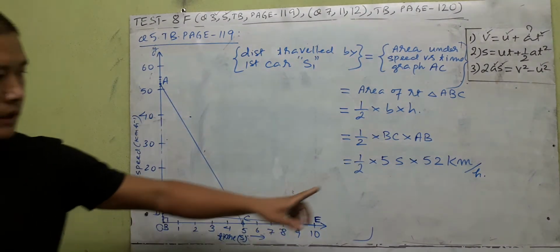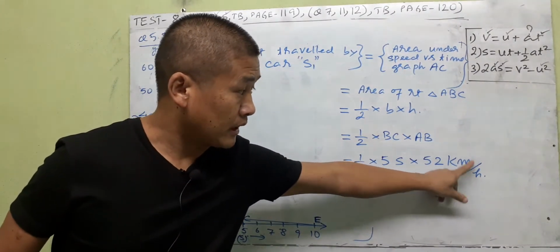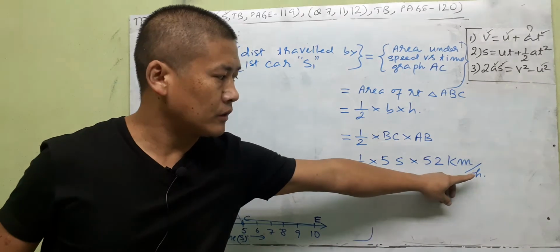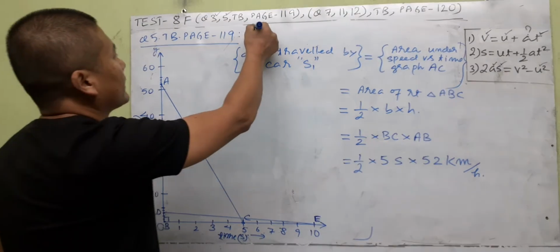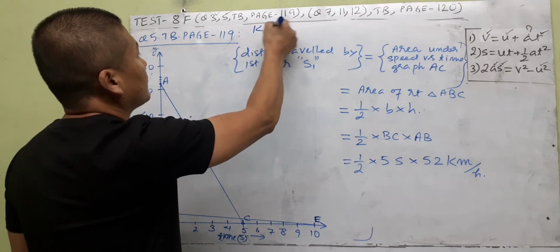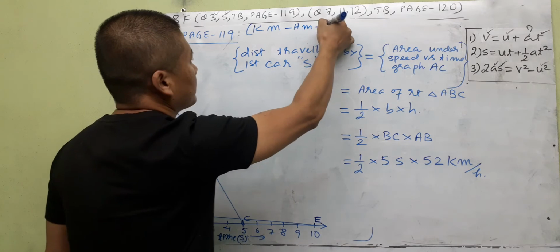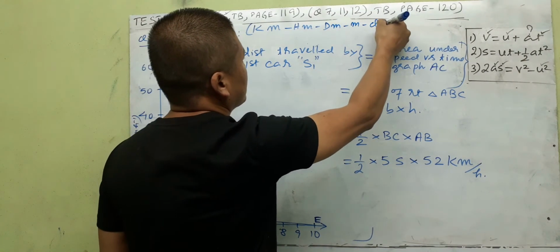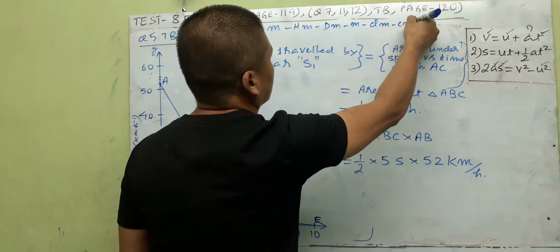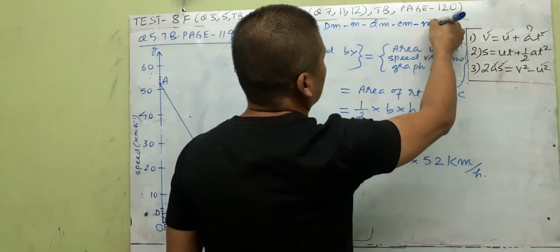Now there is a problem. We cannot cancel now because this is an SI unit, second, but this one is hour and not an SI unit, kilometer per hour. We need to change to meter per second. So for that we know already, for distance it is kilometer, hectometer, decameter, meter, decimeter, centimeter, and then millimeter.